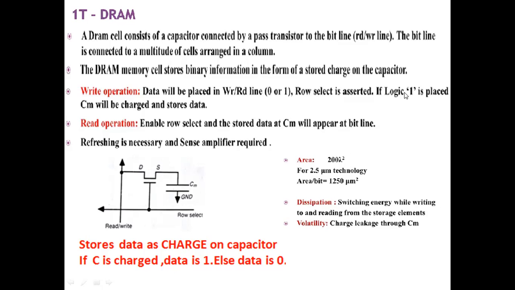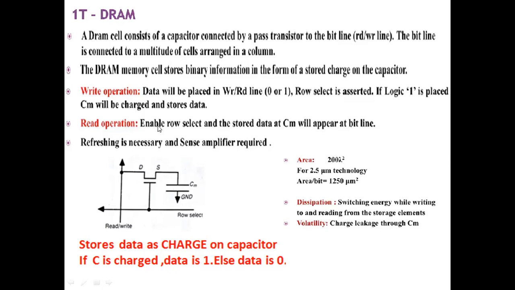If logic 1 is placed on this read write line, I can expect the charging of this capacitor. Now this capacitor is fully charged for the logical 1 applied to the read write line. Why? Because I have activated the row select, hence this NMOS pass transistor will be activated and acts as a short circuit switch, hence the capacitor CM can charge for this value placed on the read write line.